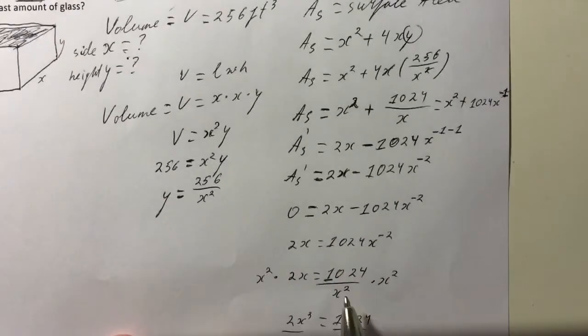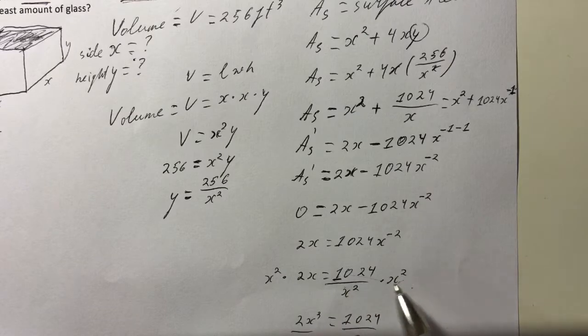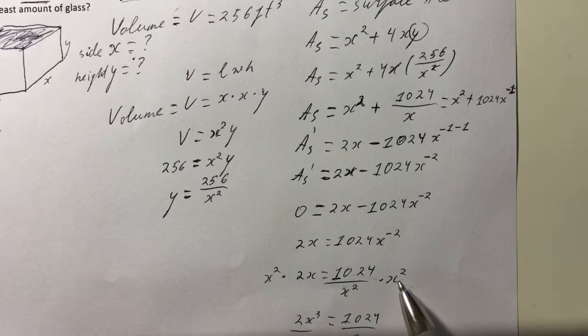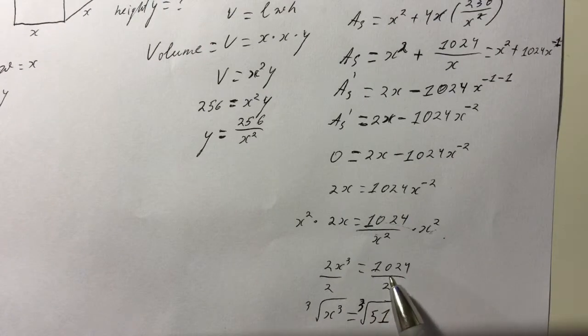Here's what you got to do, right? Gotta get it back into fractional form. And then you multiply both sides by x squared, which is then going to equal 2x cubed, which is then going to be 2x cubed equals 1024 over 2, right?